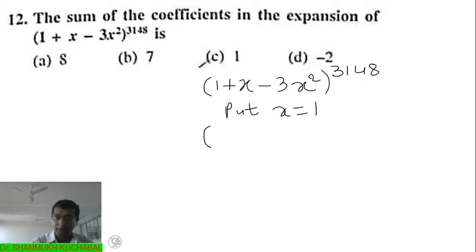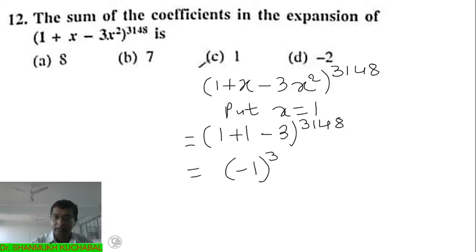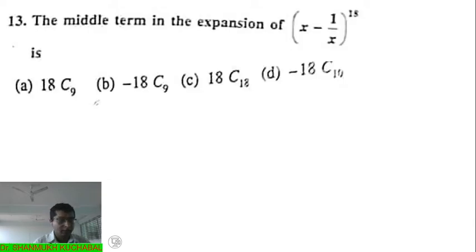If we substitute x equal to 1, we get 1 plus 1 minus 3, raised to 3148. Then 1 plus 1 is 2, 2 minus 3 is minus 1, so we get minus 1 raised to 3148. Yes, minus 1 raised to an even number is always plus 1. Therefore option C, 1, is a right answer. Okay, we'll move to our next example.